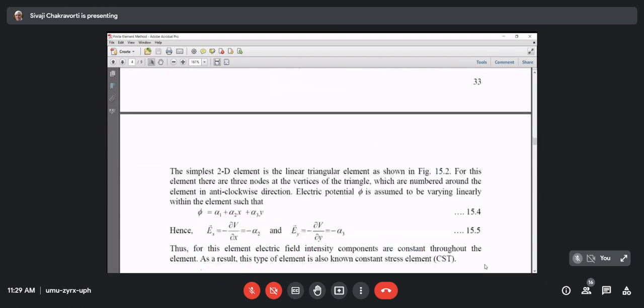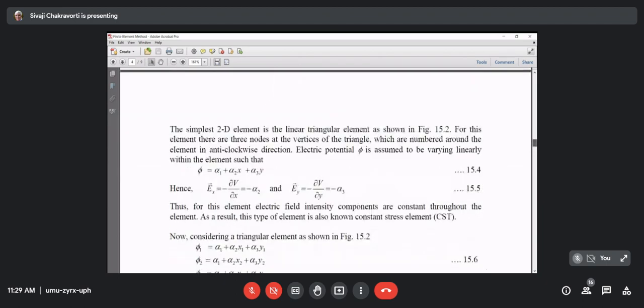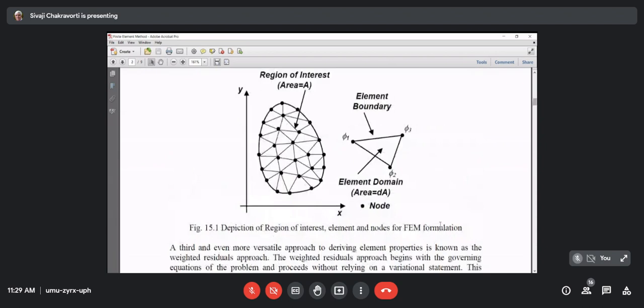I have already said that our basic assumption is that it's not that the potential is varying between the two nodes. No, we are saying potential is varying linearly over the entire element. So phi of any point must be related to all the three nodal potentials, of course.